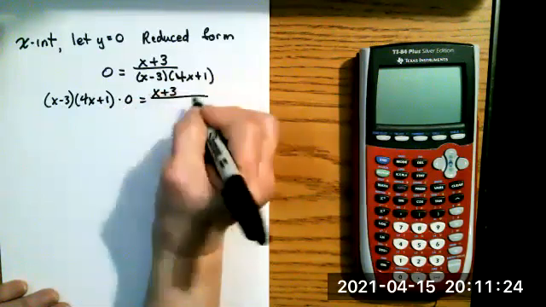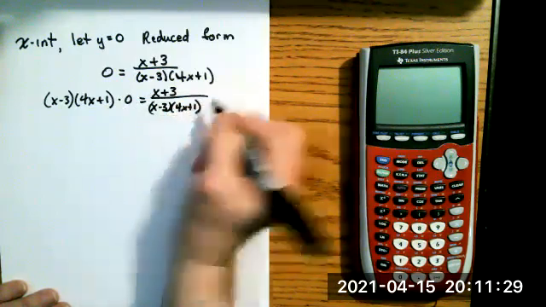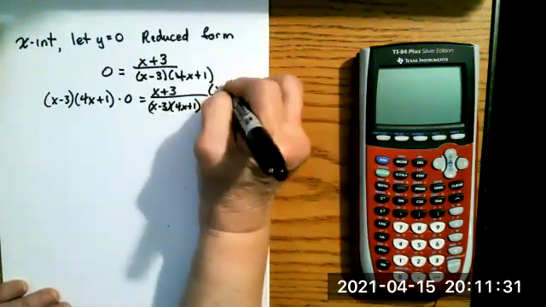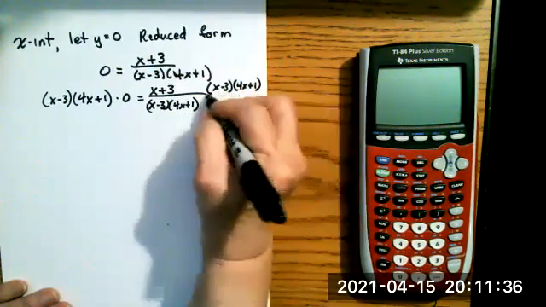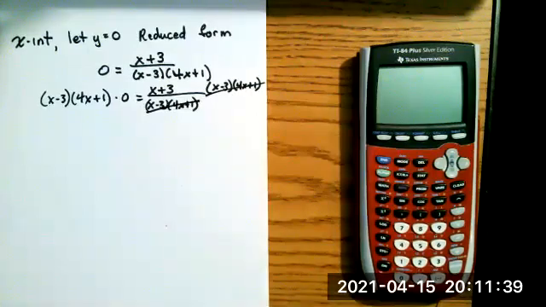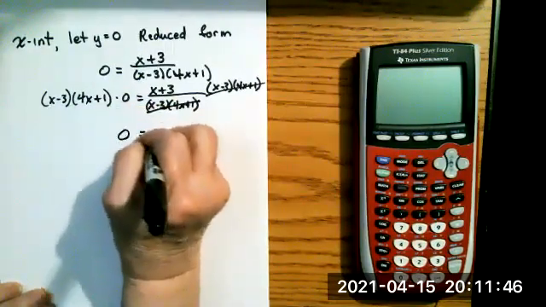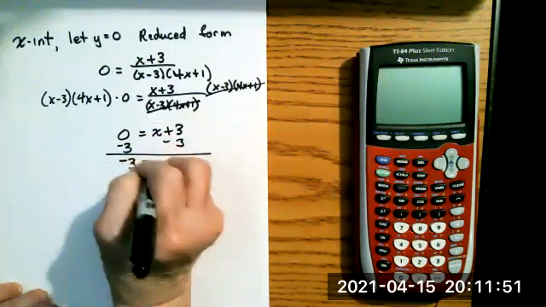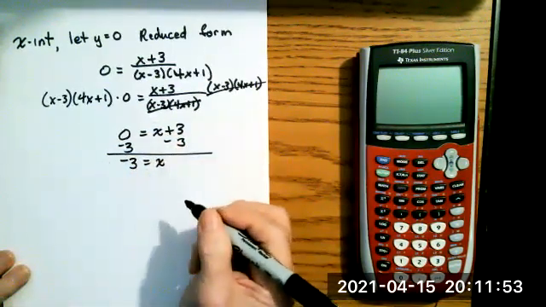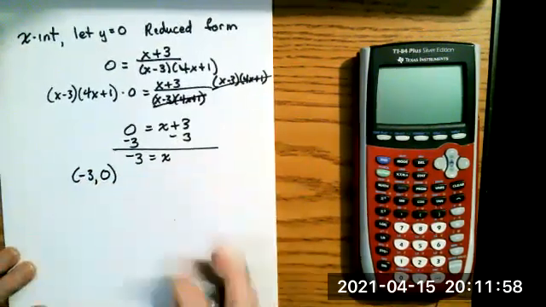And on this side, you're going to have an x minus 3 times 4x plus 1 in the bottom. In the top, you're going to multiply that x minus 3 and that 4x plus 1. Those two things are going to cancel. And then we just have that times 0 is 0. So it looks like x is equal to -3. So -3, 0 is the x-intercept.